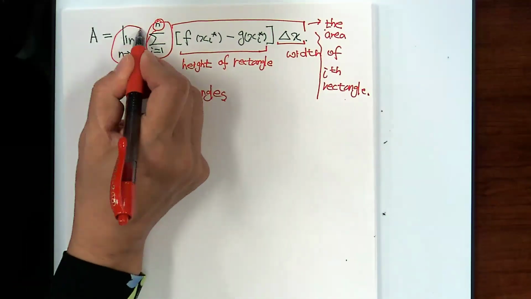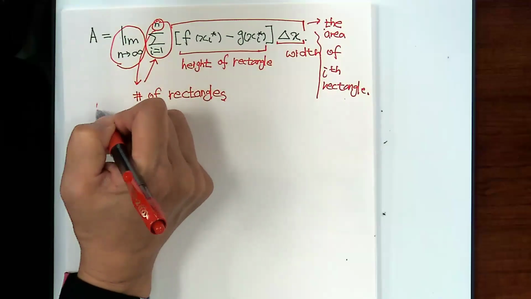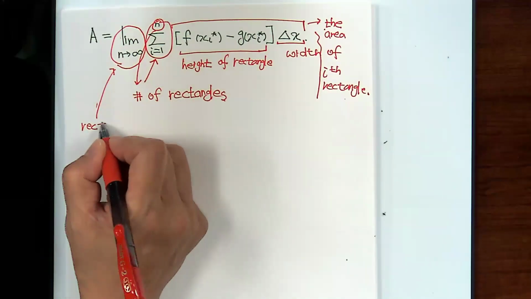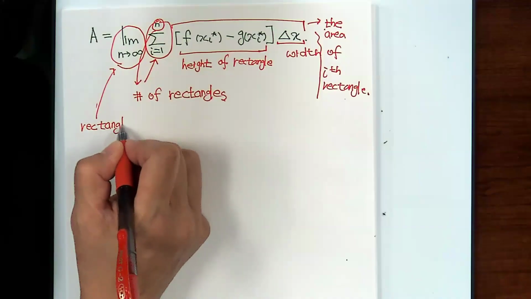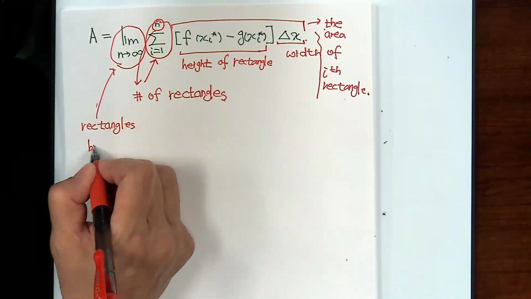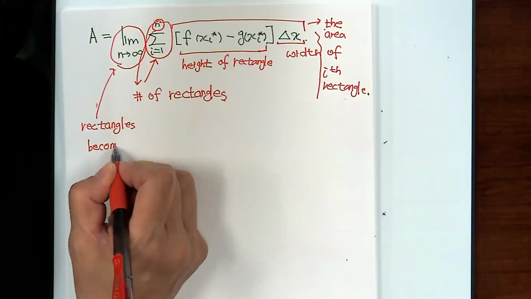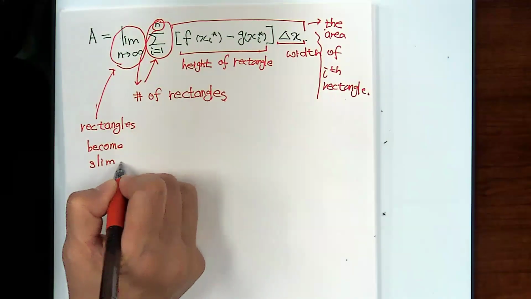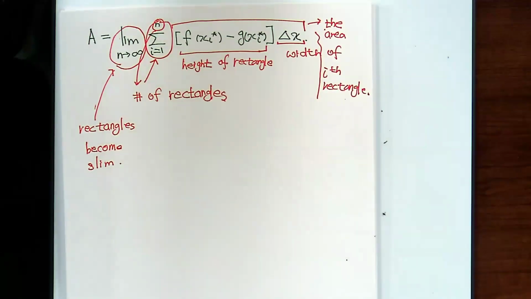What is the meaning of this limit? N goes to infinity. That means the rectangles become thinner and thinner, slim and almost like a stick, just a vertical line.